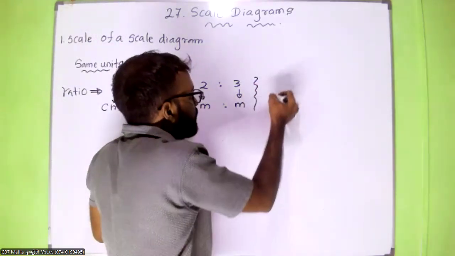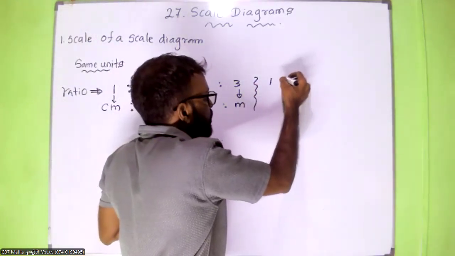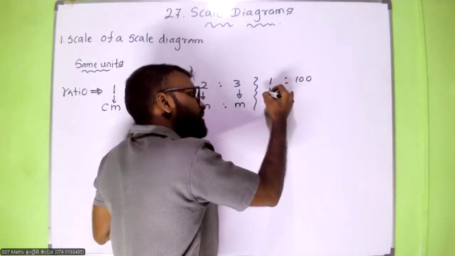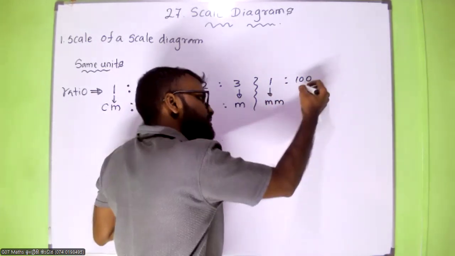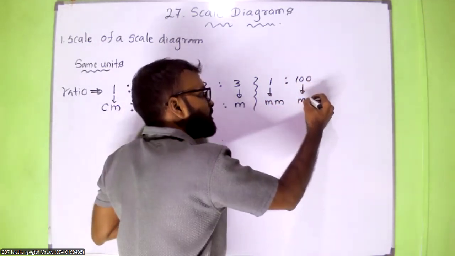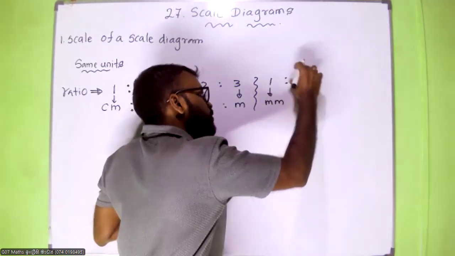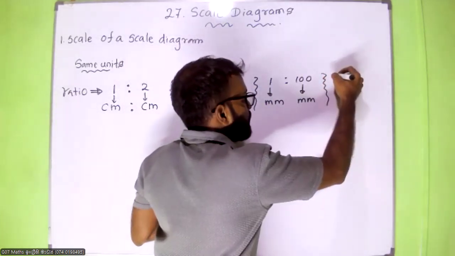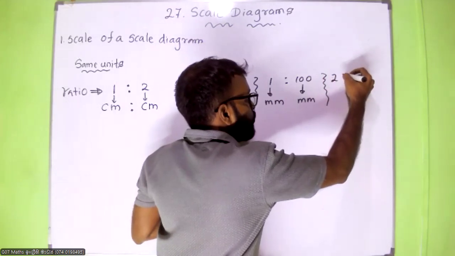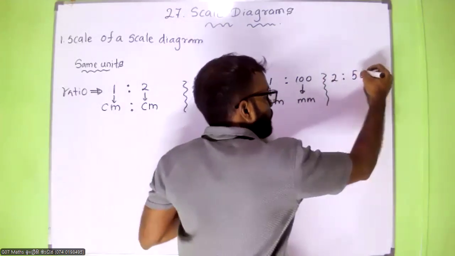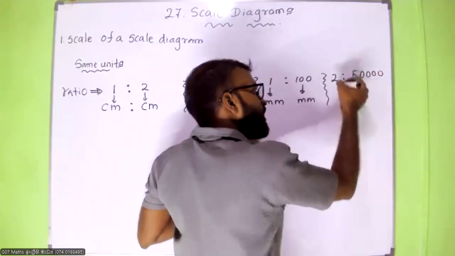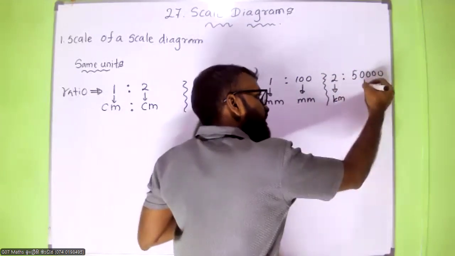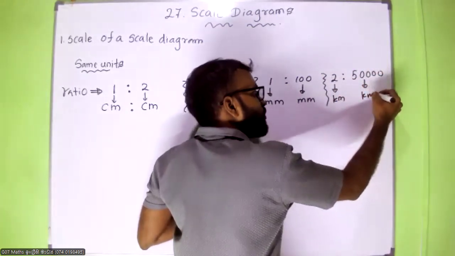If, let's say, 1 to 100, if this side is in millimeters, this side also should be in millimeters: 1 millimeter to 100 millimeters. For example, 2 to 50,000: if this side is in kilometers, this side definitely should be in kilometers too.